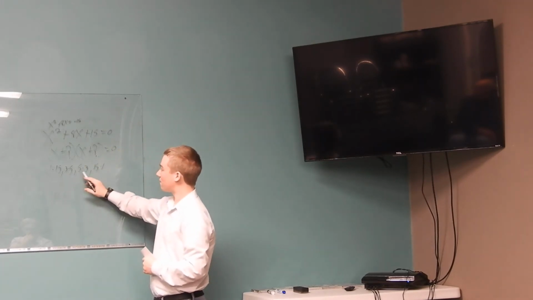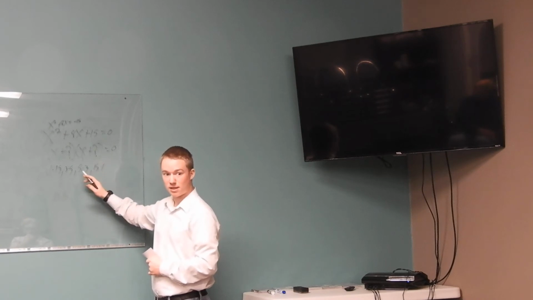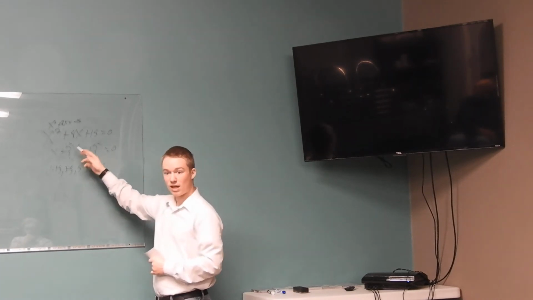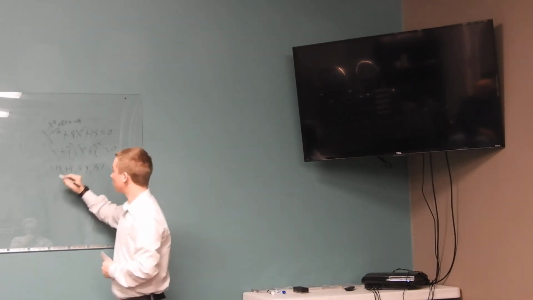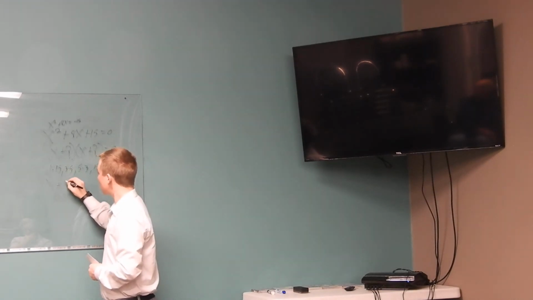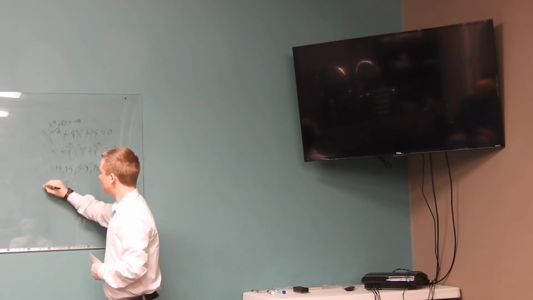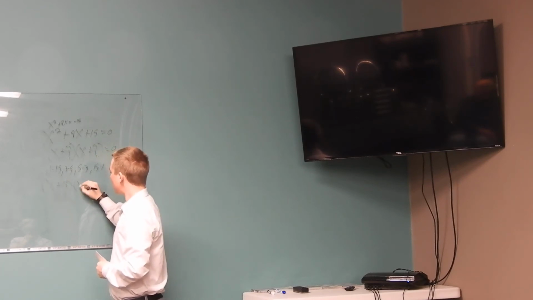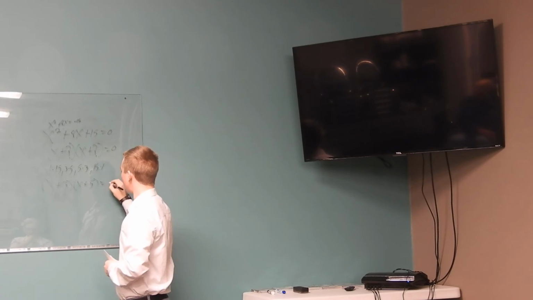Now, if you notice, 5 and 3 multiply to equal 15 and add to equal 8. So those are the numbers we're looking for. So we can insert them in this. So then we have x plus 3 multiplied by x plus 5 equals 0.